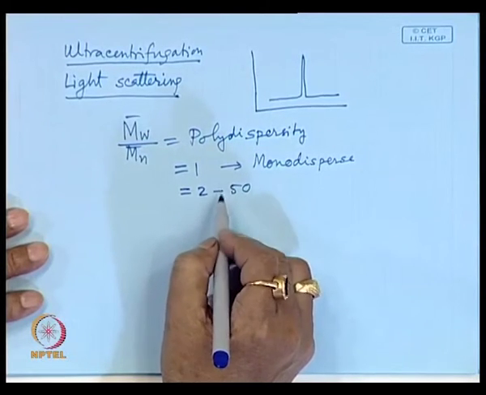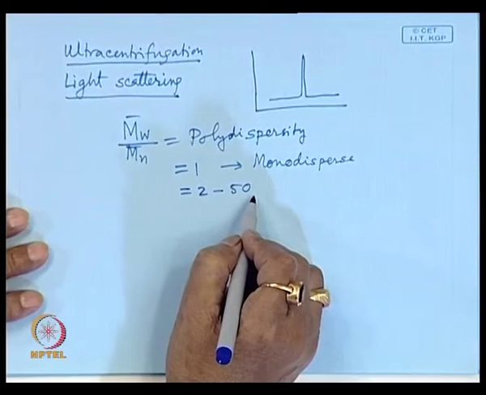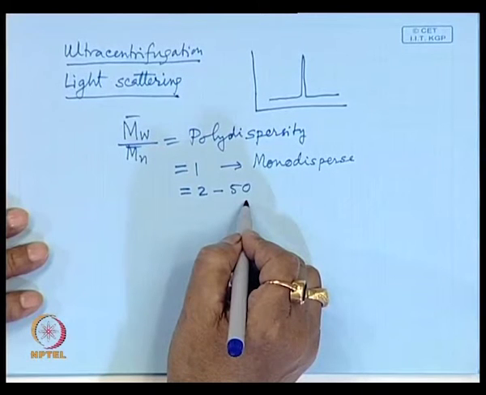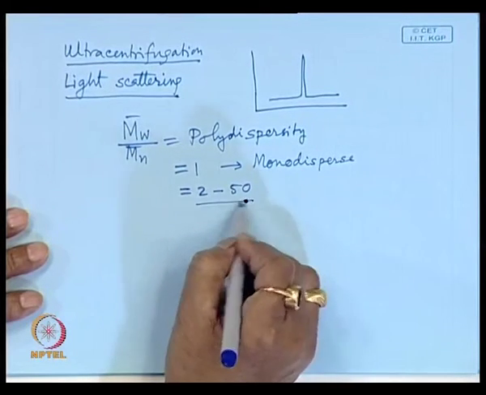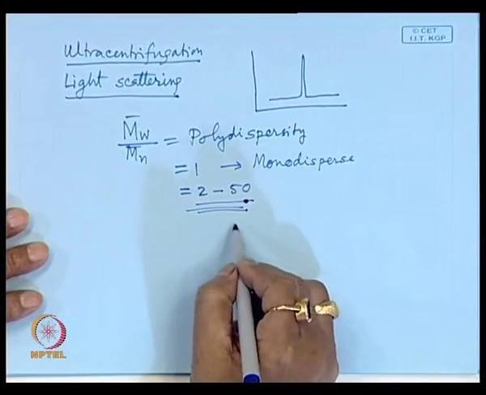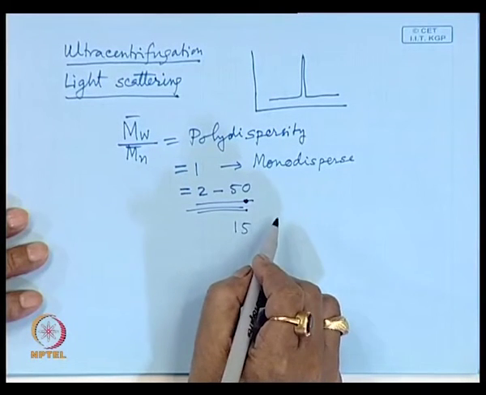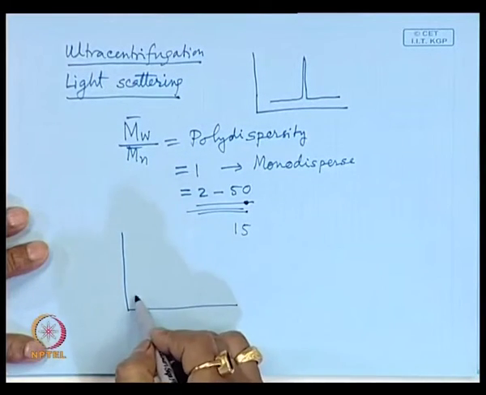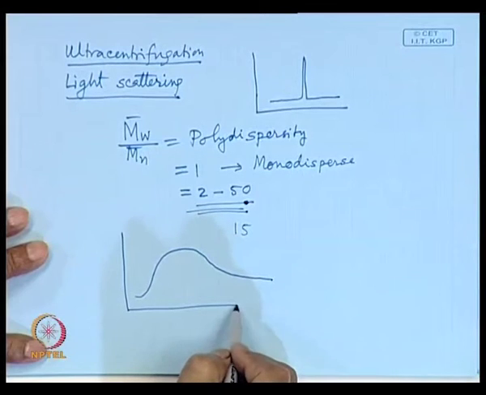Now, if polydispersity is more than 1, it can range from 2 to 50, suppose. Higher the polydispersity, the more inferior the properties of the polymer can be. Suppose you have a polymer sample of polydispersity 15, it indicates the broadness of the distribution like this.